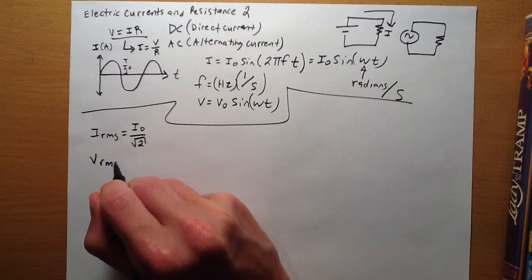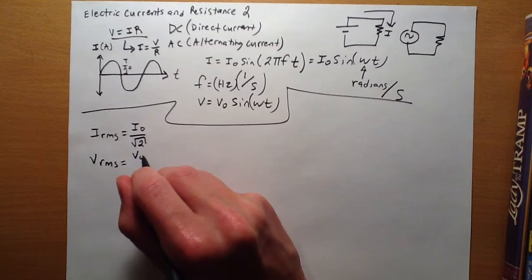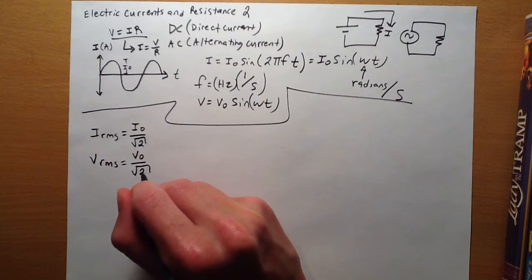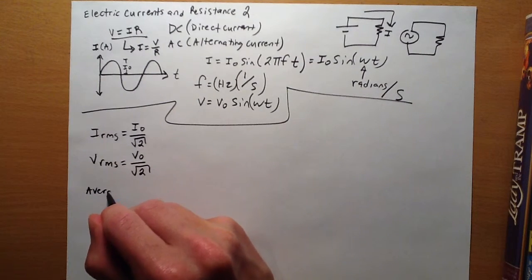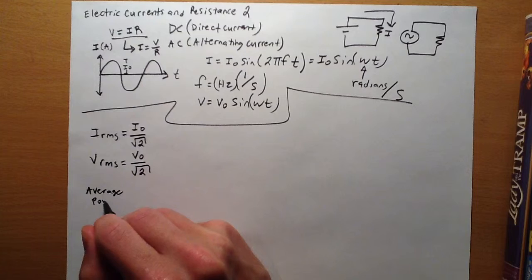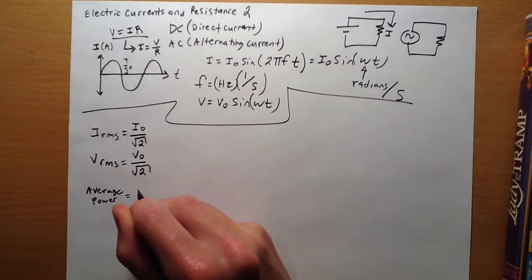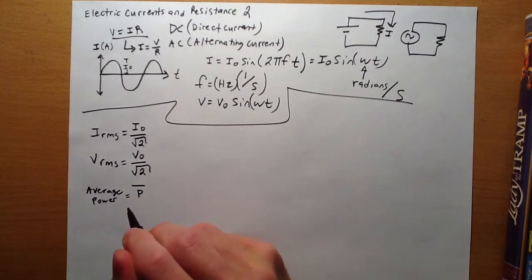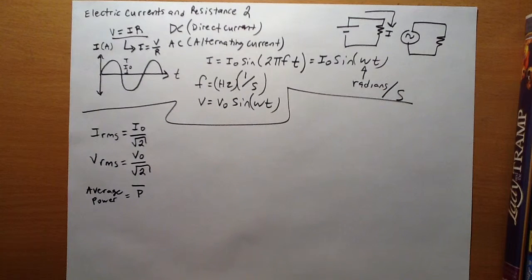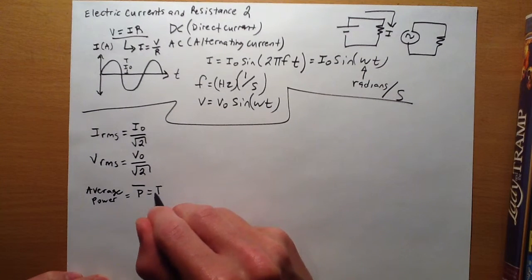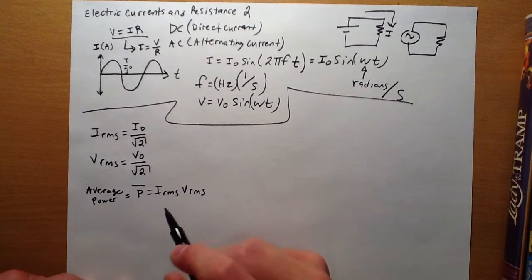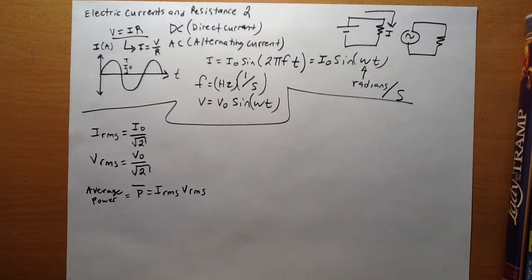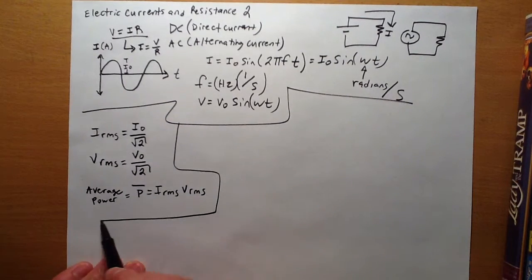Voltage RMS is equal to peak voltage divided by square root of 2. And average power, which is P with a bar over top of it. The bar over top of it represents average, is equal to I RMS times V RMS. We talked about power in the last section. So please memorize those.